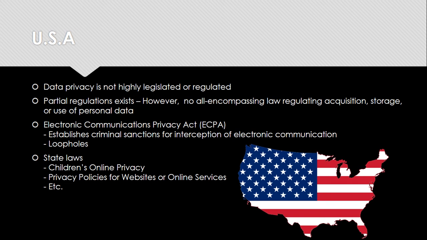The second one being the privacy policies for websites or online services. So in California, Connecticut, and Delaware, there are laws that require any person who is collecting a social security number in the course of business to create a privacy protection policy. So, for instance, if you're a company and you require the social security number of your customer, you have to ensure your customer that there is a privacy protection policy in place.